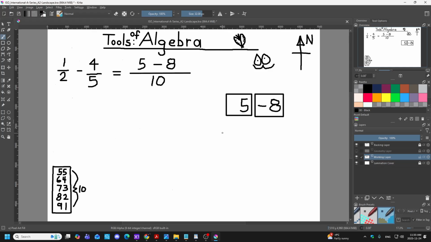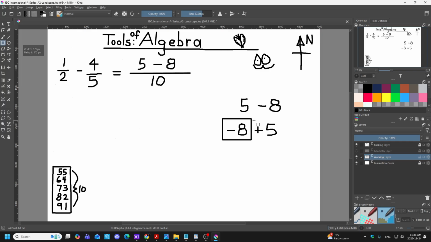So it doesn't matter if I go -8. Again, it's its own object. The sign must go with it. It's inferred positive 5, right? I could draw boxes around each whole number or integer. And as you can see, all I've done is just switch sides. That's all I've done. Okay?